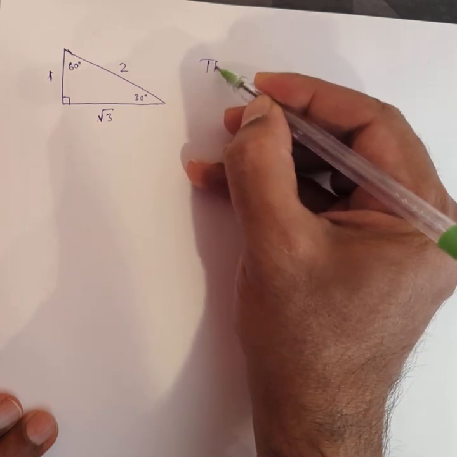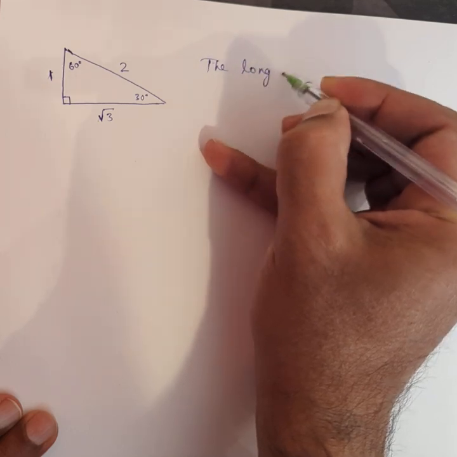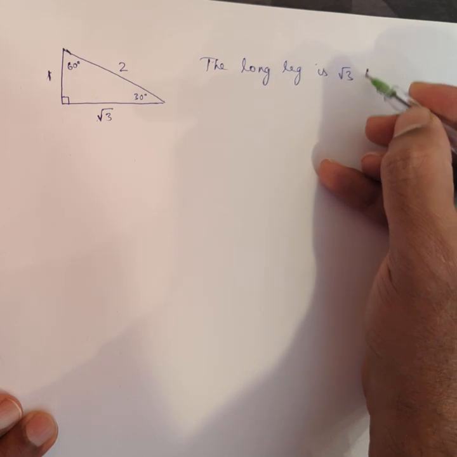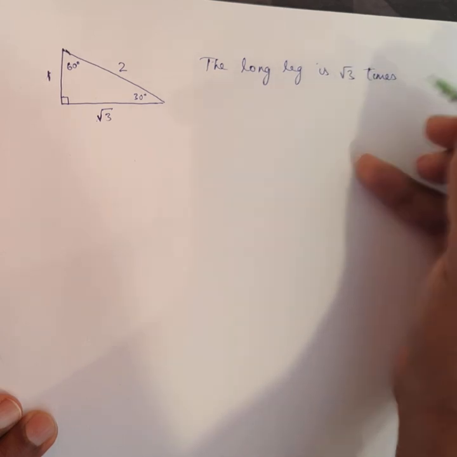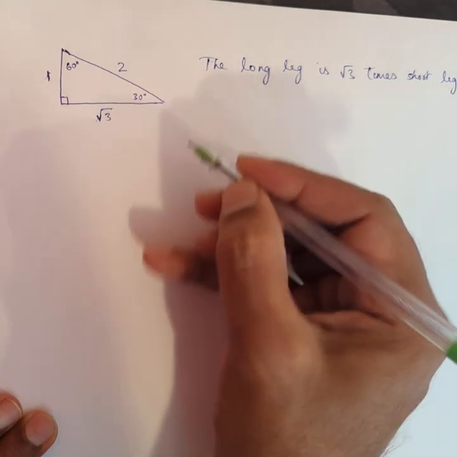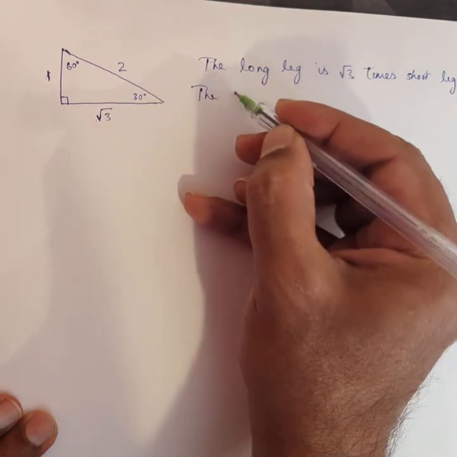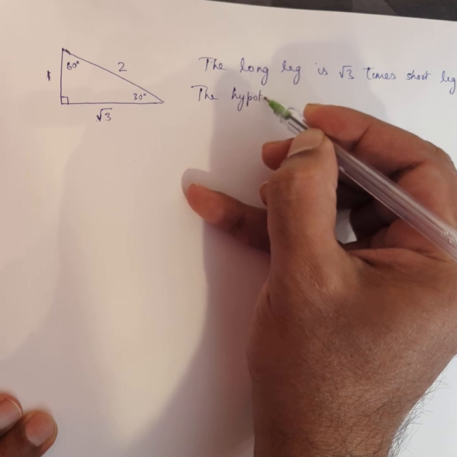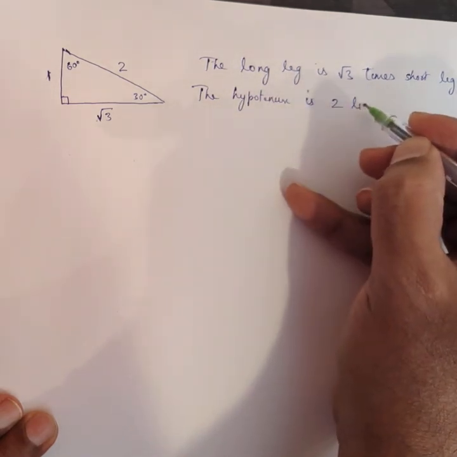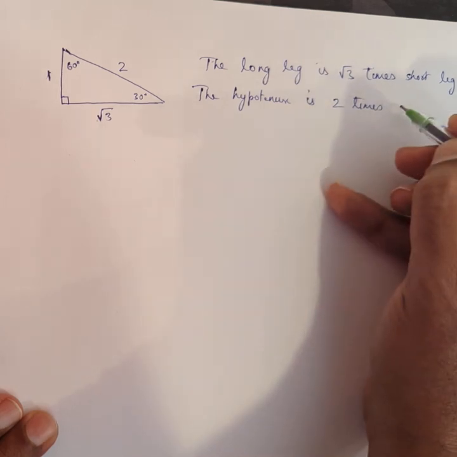The long leg is root 3 times the short leg, and the hypotenuse is 2 times the short leg.